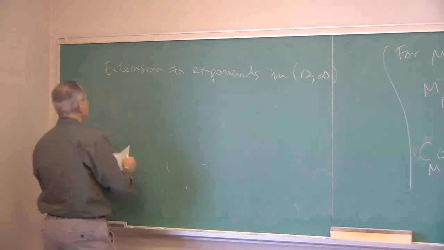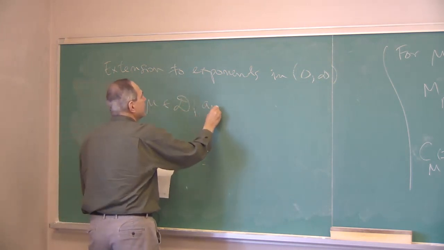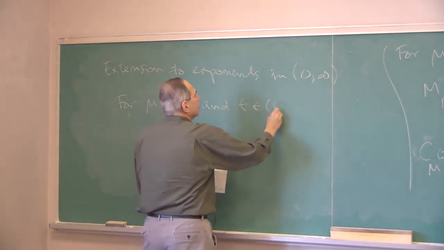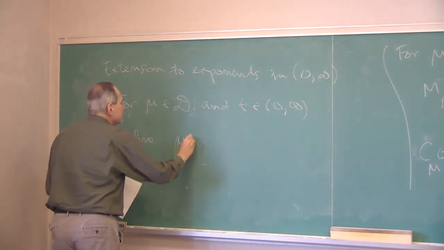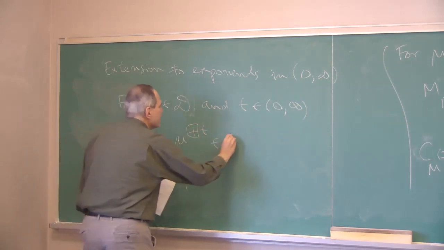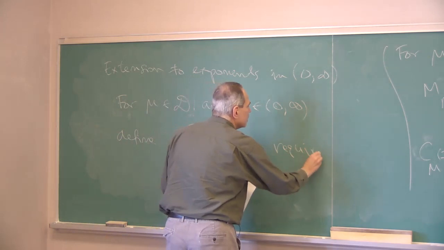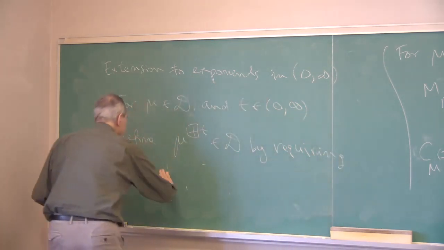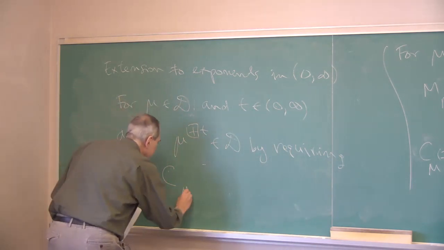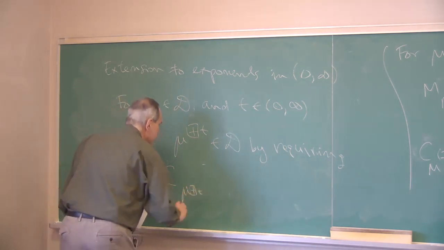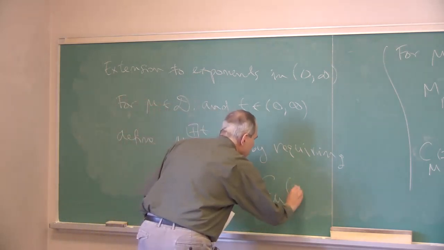So for mu in my space of linear functionals and t a positive number, define this convolution power, which is again in D, by requiring that the free cumulant generating function of the new distribution is t times the C of the original one.